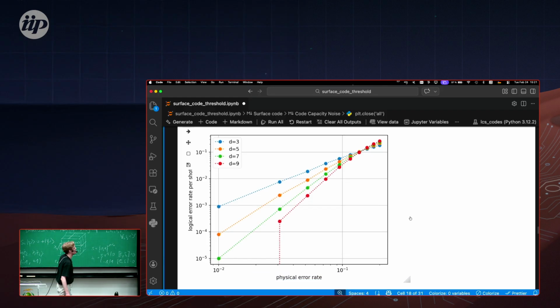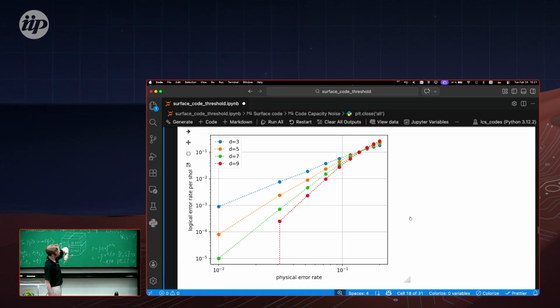Here, this we have already seen yesterday in the repetition code. Here I sample physical error rates, and here is the probability of a failure. Whenever the correction plus the error has been a logical operator and not a stabilizer, I just count +1 on a counter, and then in the end, I calculate a logical error rate.